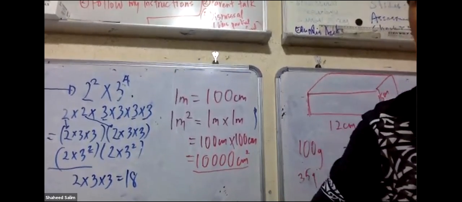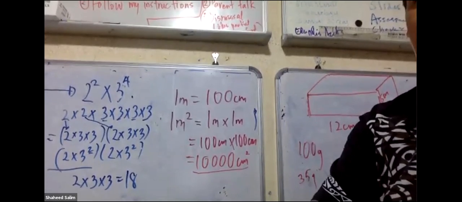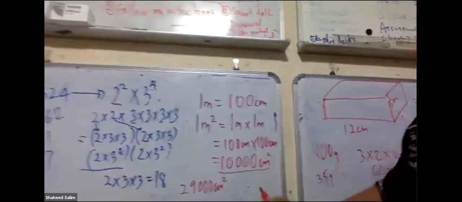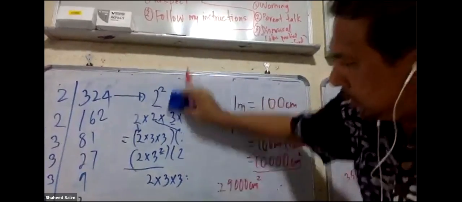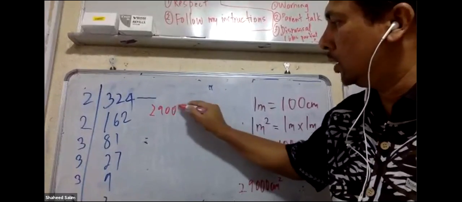And you now have how much? Over here, the question is saying you have 29,000 cm cube. Okay, so how do we do this? Now you look at here. 29,000 cm cube.